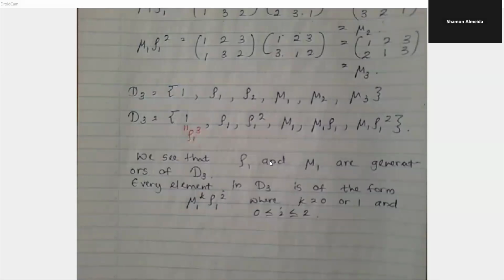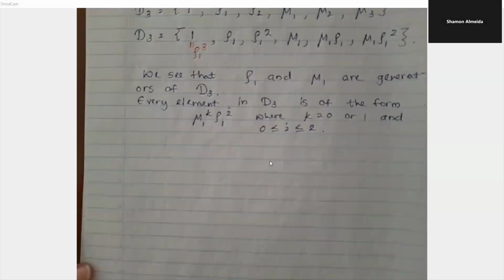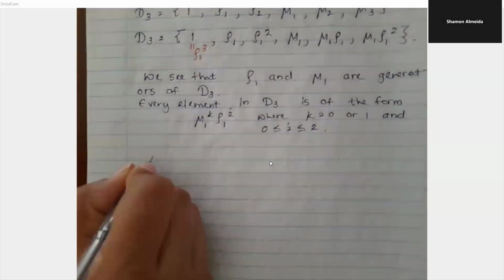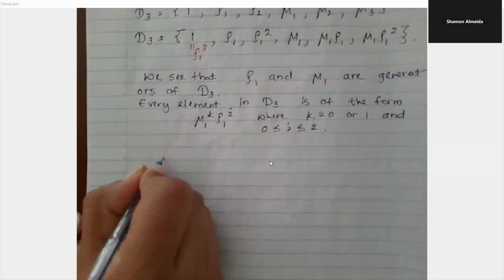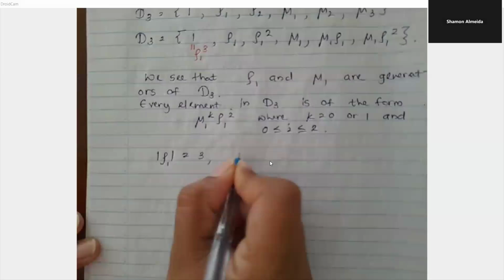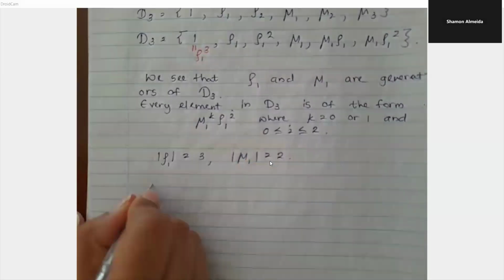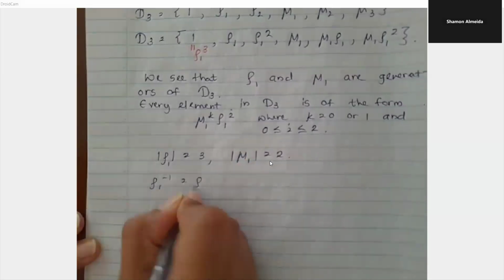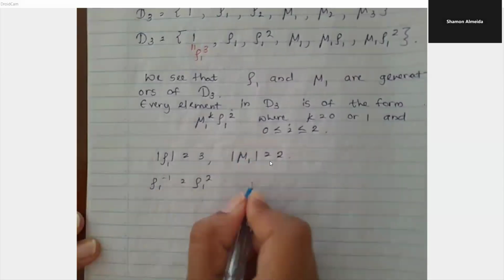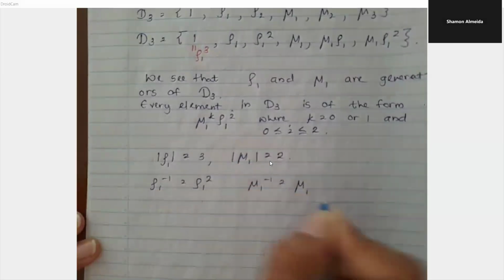Now, like I said, the order of rho 1 is 3, the order of mu1 is 2. And the inverse of rho 1 is rho 1 squared. The inverse of mu1 is mu1.